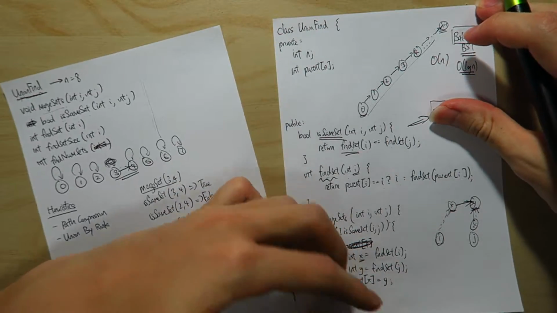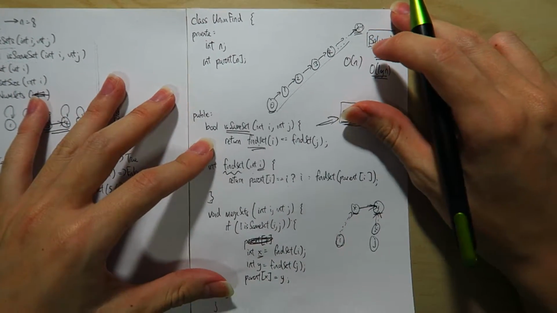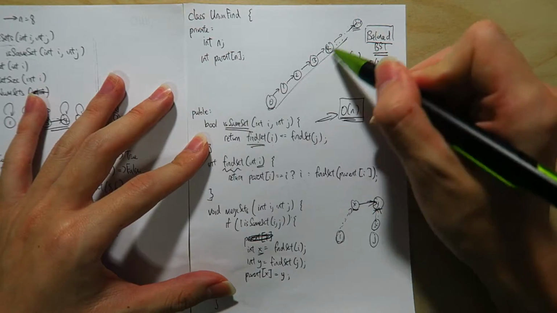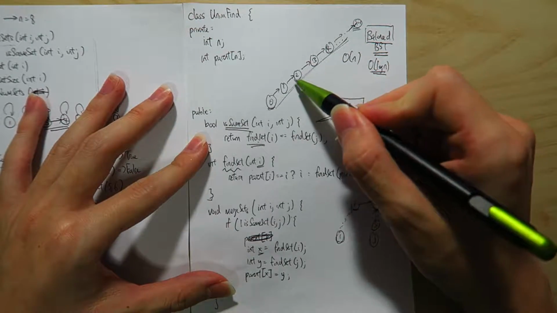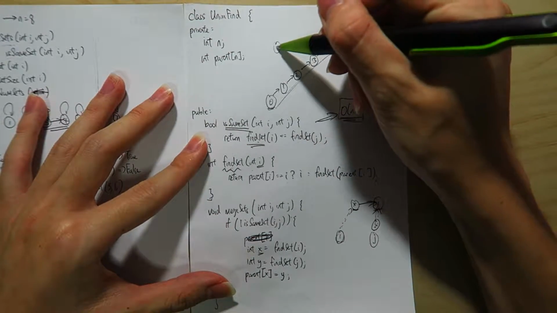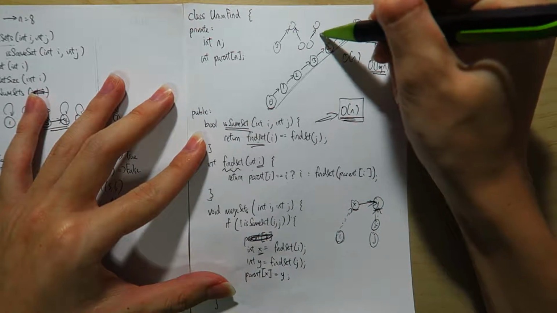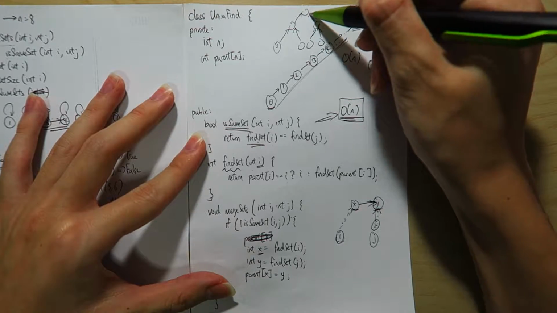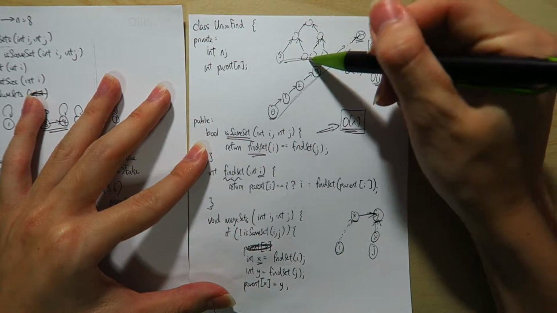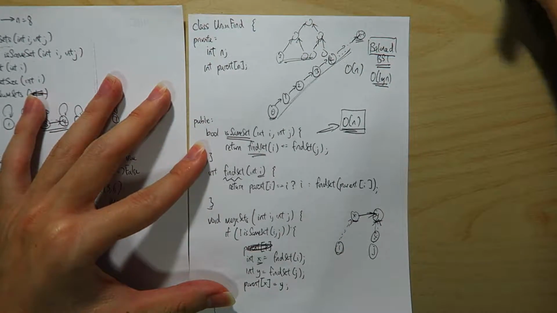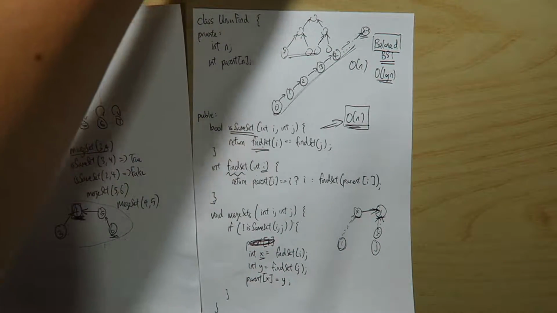So what we're going to do here is figure out how to ensure that this situation does not happen. Basically it's going to look more like something like this, which is more like a balanced binary search tree, right?